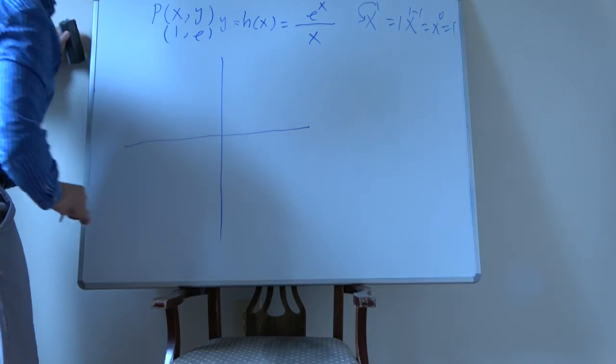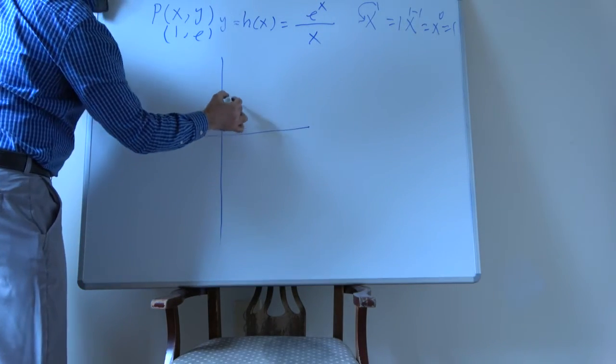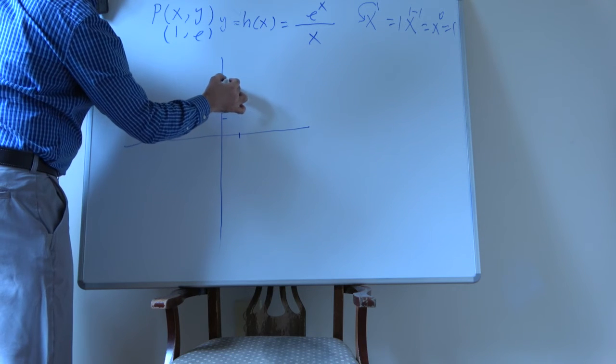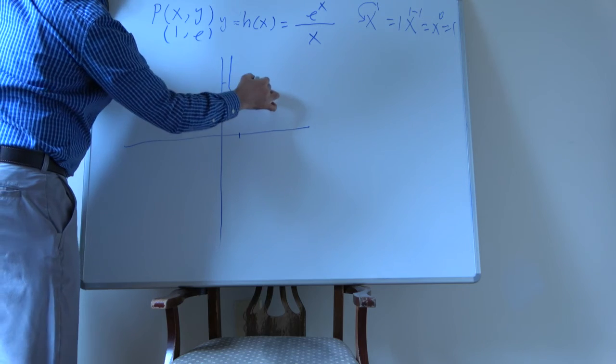If you draw the graph of e to the power of x over x, it looks like that.